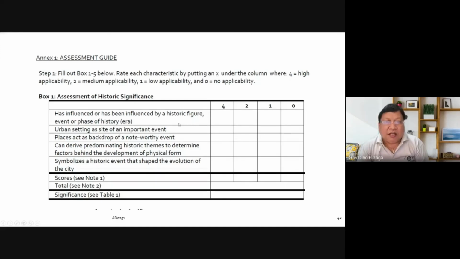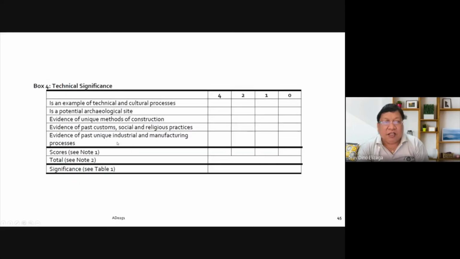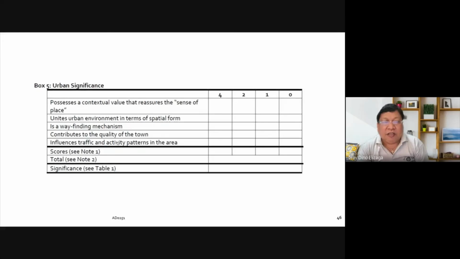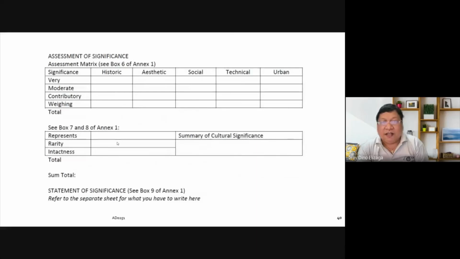And that's the same for all the other significance: aesthetic, social, technical, and urban. So notice that what I developed here is historic, aesthetic, social. I do not have the spiritual, and I do not have the scientific.